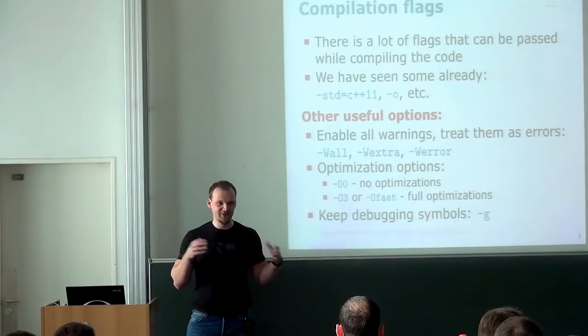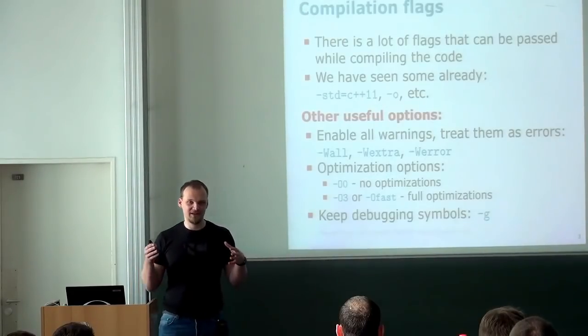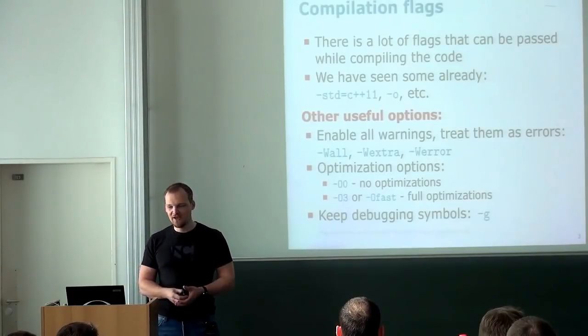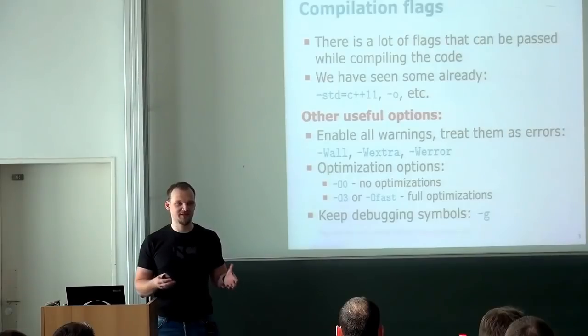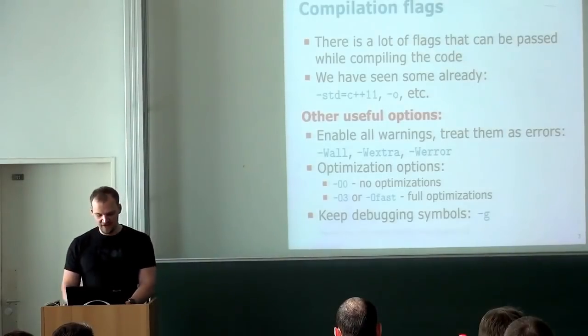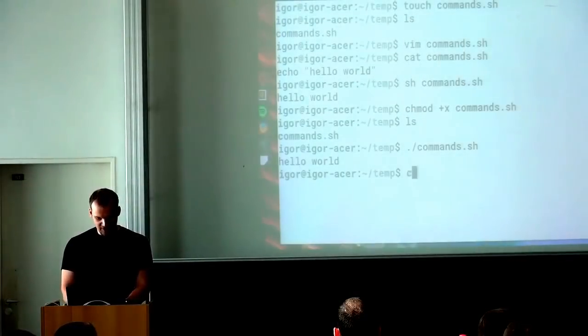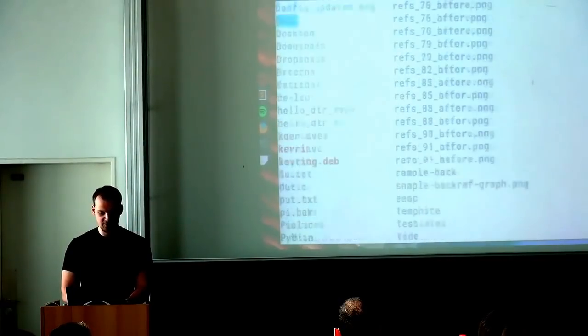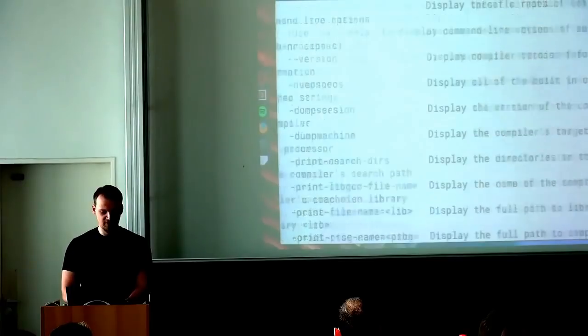Right, so when you compile your code, again, the compiler is just a C++ or C program, and you can pass any flags or parameters into it. And there are a lot of them. So for instance, if you type c++ --help, it looks a bit ugly, but at least it gives you the perception of how many different options there are.